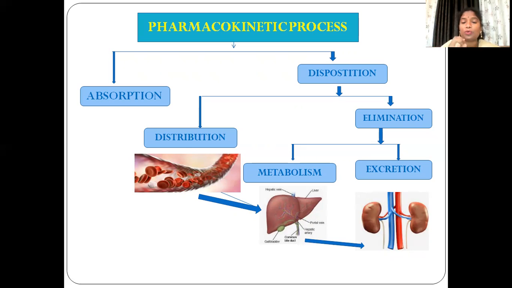It will be disposed, meaning the position is changing. Dis means changing, so the position is changing to various organs, meaning it is distributing to the various organs. So at the site of action it is reaching. How is it disposed? By distribution and elimination.